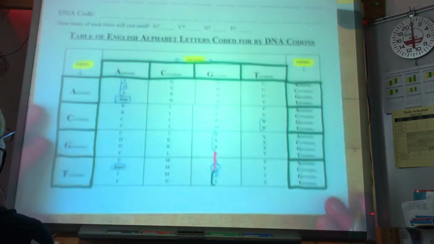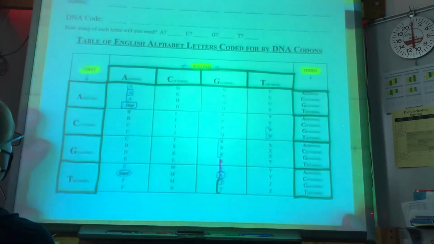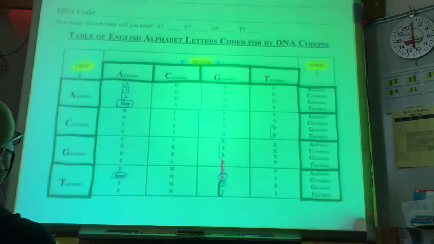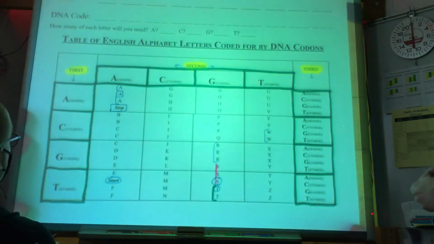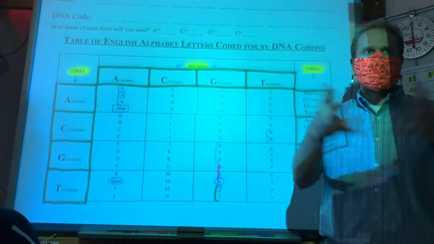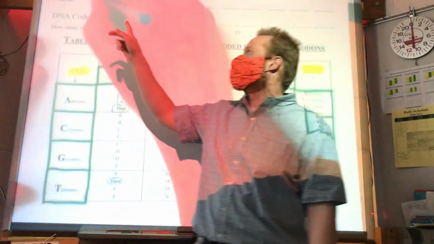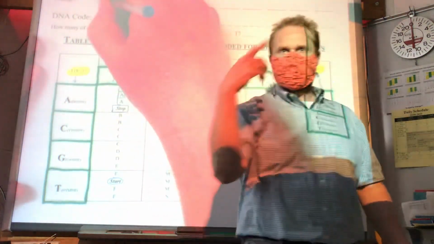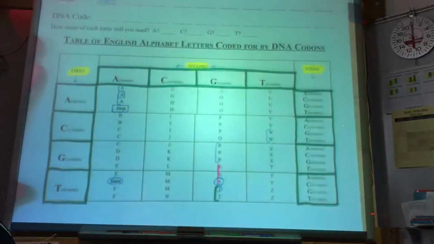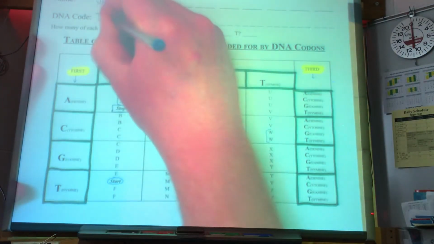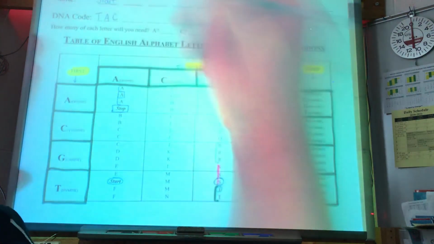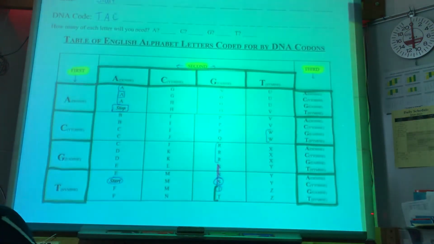All right, so what we need you to do now is code for your name. In order to spell your name, we first have to code to say, let's start spelling your name. Because on Wednesday, you're going to code your name in a DNA sequence. So everyone needs to have a TAC, because that says start.